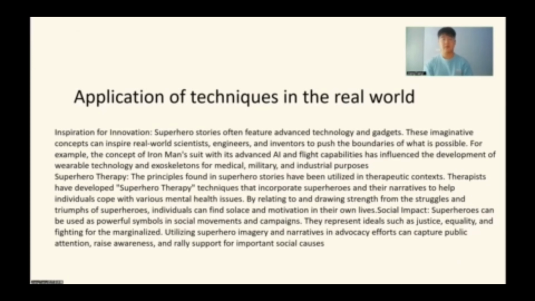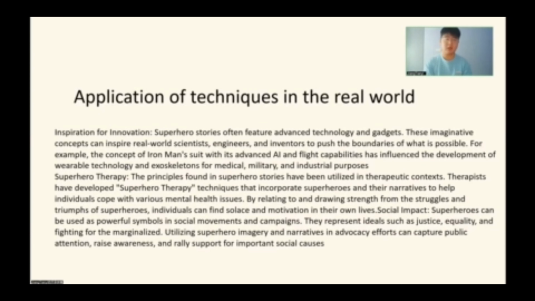And the application of the techniques in the real world. First of all is inspiration for innovation. Superhero stories often feature advanced technology and gadgets. These imaginative concepts can inspire real-world scientists, engineers, and inventors to push the boundaries of what is possible.